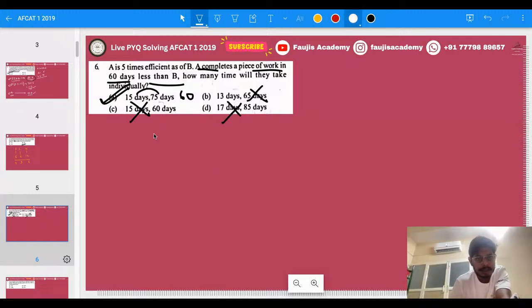Do you guys want me to solve this particular question? A and B. If A is 5 times more efficient than B, A will be doing how much? Let us say A is doing 5 work per day, so B will be doing 1 work per day, isn't it?